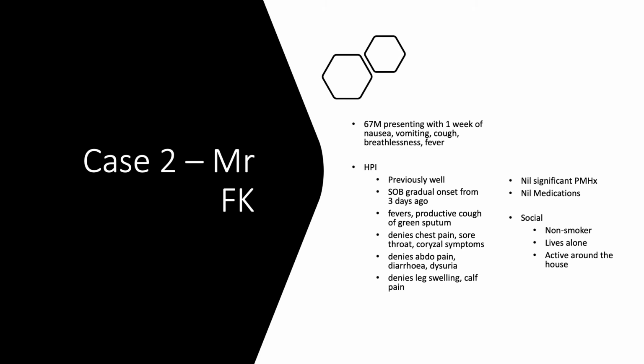He's had some fevers and a productive cough where he's brought up some green sputum. No real chest pain. He denies any coryzal symptoms and any other associated symptoms as well. And he's a non-smoker, lives alone, and is quite active around the house.